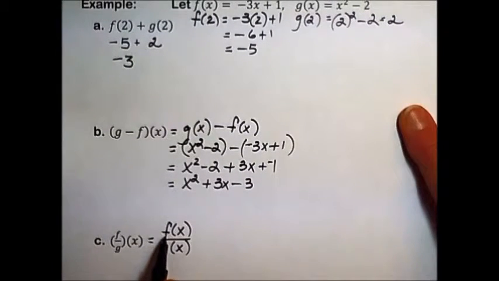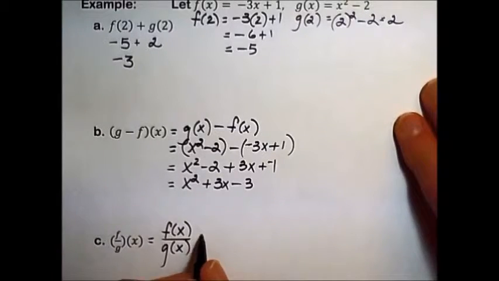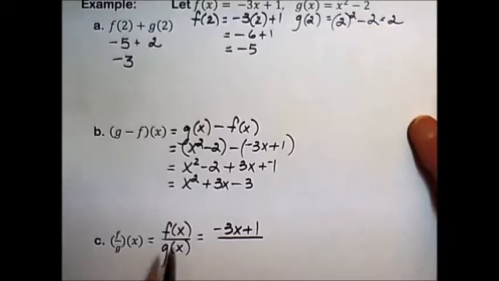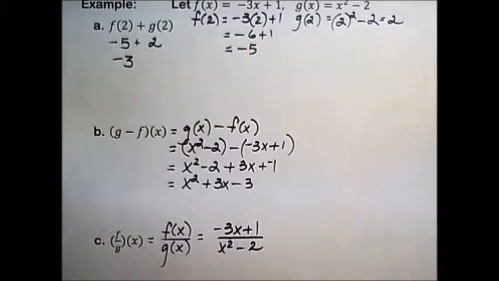The function defined as f of x is minus 3x plus 1, and g of x is x squared minus 2, and everything's fine. We don't need to simplify this any further.